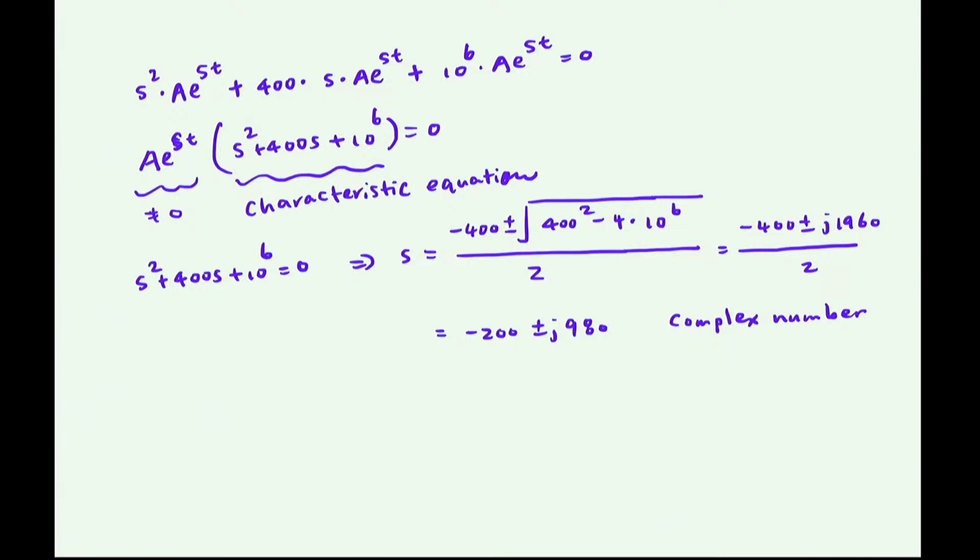So one root is equal to minus 200 plus j 980. The second root is equal to minus 200 minus j 980.